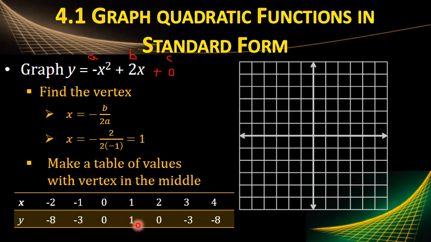Notice the y values are symmetric as I go away from my vertex. Plot the points. And draw a nice parabola through the points. And there you have it. That is your graph.